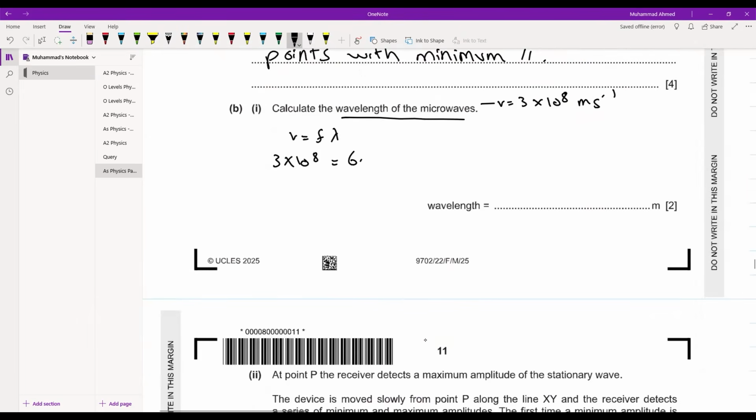Giga is 10 raised to the power of 9. Wavelength is equal to 3 into 10 raised to the power of 8 divided by 6.3 into 10 raised to the power of 9. Wavelength comes out to be 0.048 meters. Perfect.